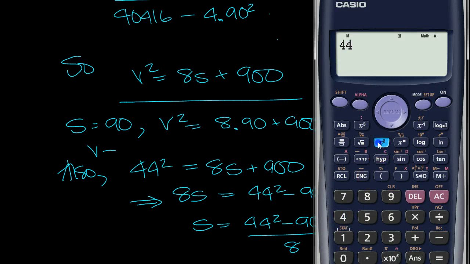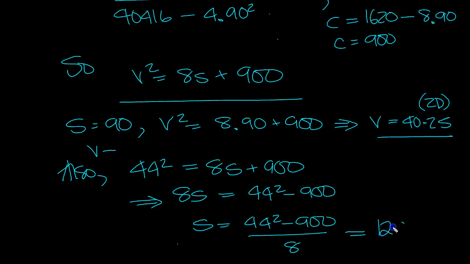So 44 squared minus 900 equals, that's the top number, divide that by 8, is equal to 129.5, and that was to 1 decimal place.